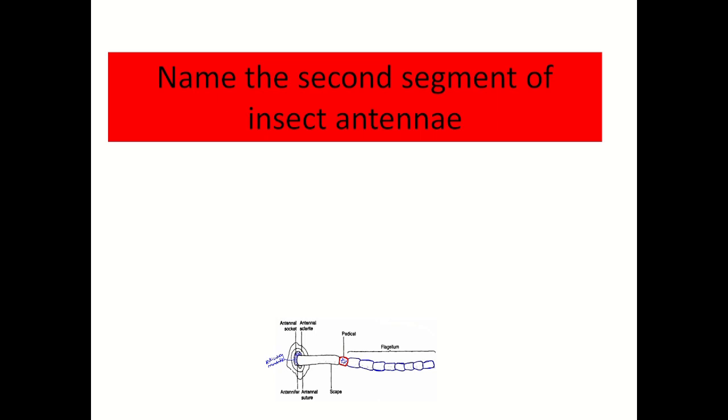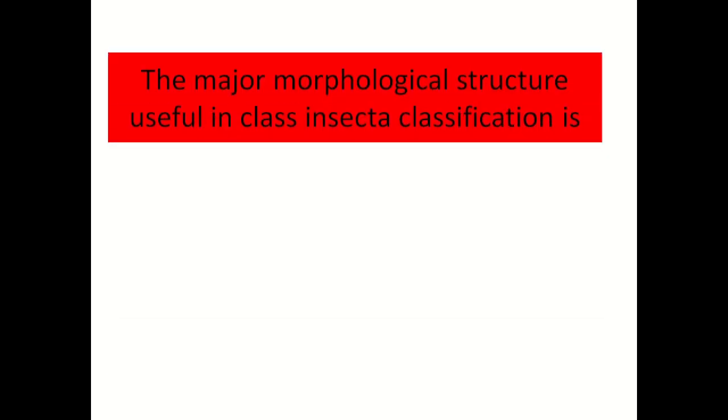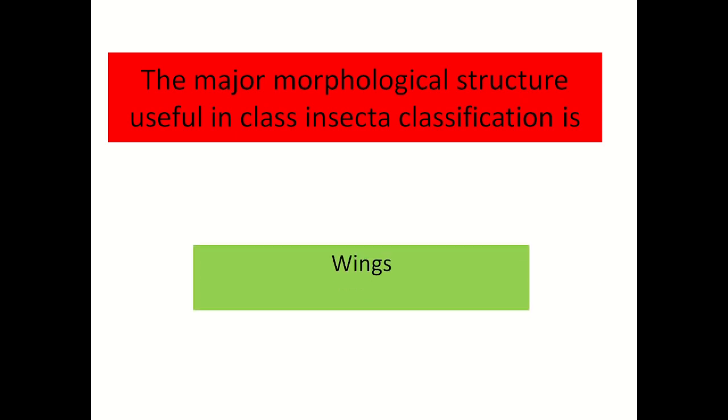Name the second segment of insect antenna. Pedicel. The major morphological structure useful in class Insecta classification is wings.